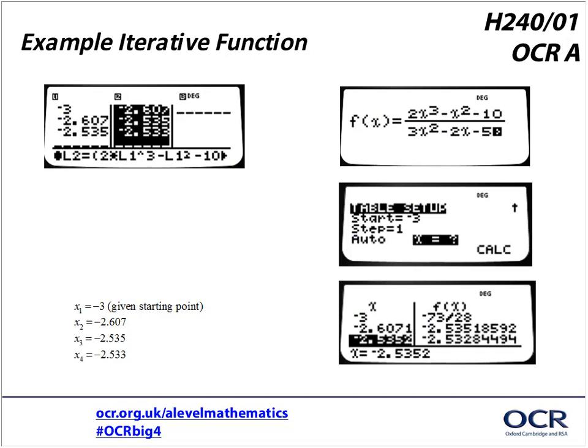There are other ways that it can be done on scientific or graphical calculators using the table function, and one of the things that the Texas has is that you can actually put in single values in the table function. So having started with -3 and got the answer, you can then type that in and it will automatically give you your next value.